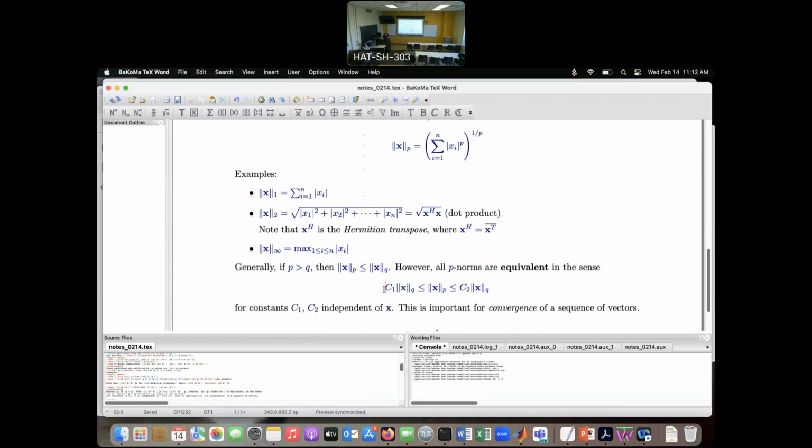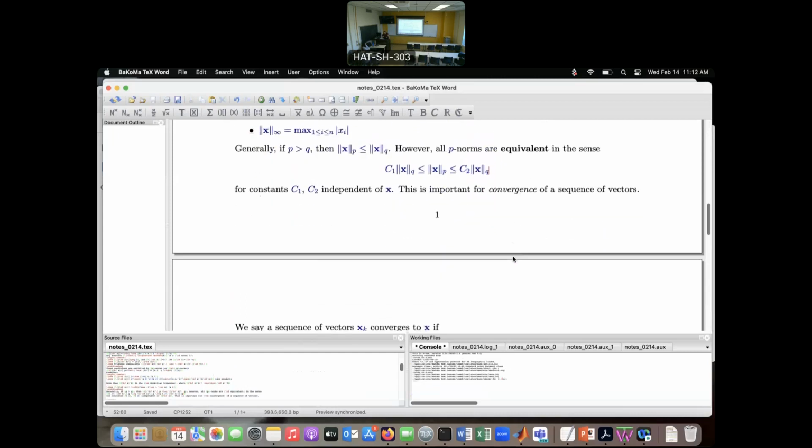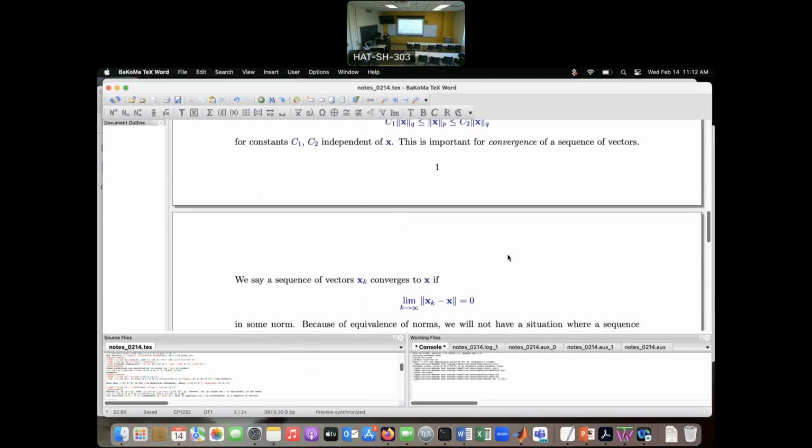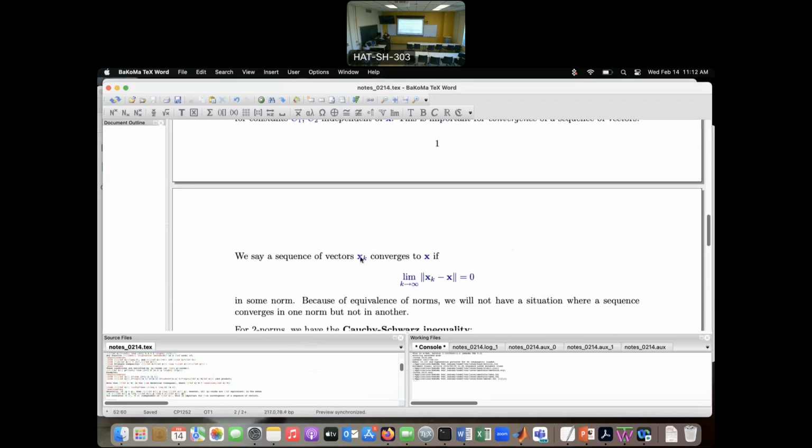Now, the reason why this is important is for convergence of a sequence of vectors. So suppose you have a way you could define a sequence of vectors converging. Okay, I can have a definition right here. That vectors xk, the sequence, converges to a limit x if this is true, that the norm of the difference between xk and the limit x goes to 0 in some norm.